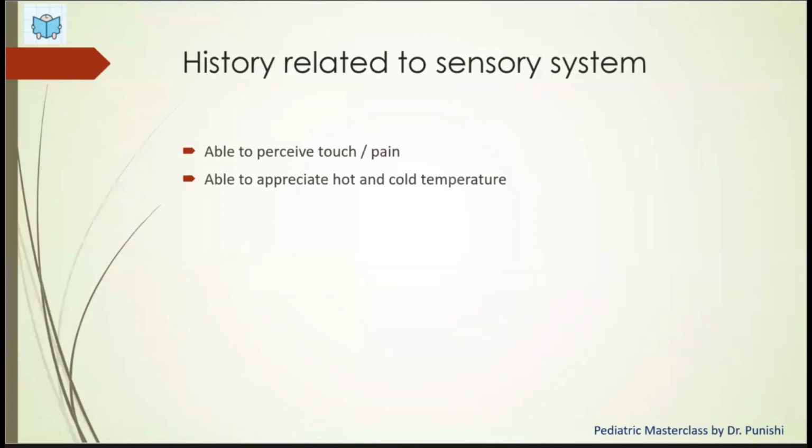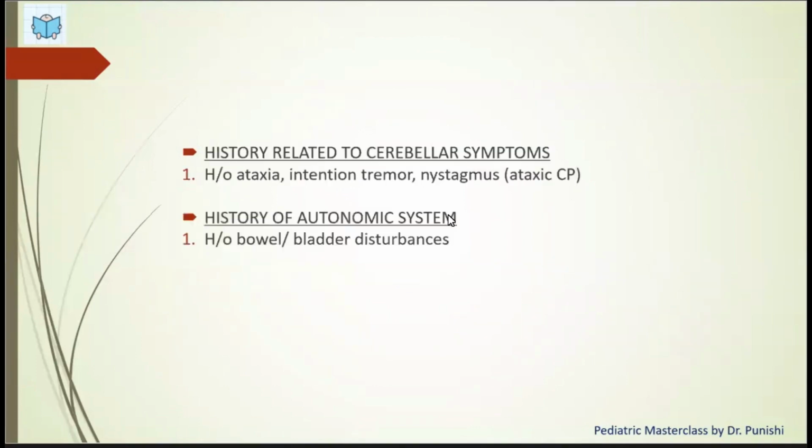Now, history related to cerebellar symptoms, so that there's a history of ataxia, intentional tremors, nystagmus, to localize the lesion to the cerebellum, which can lead to ataxic CP, and history of autonomic system involvement, like the bowel bladder disturbance. So your autonomic system is basically taken care of by the hypothalamus and the surrounding structures.